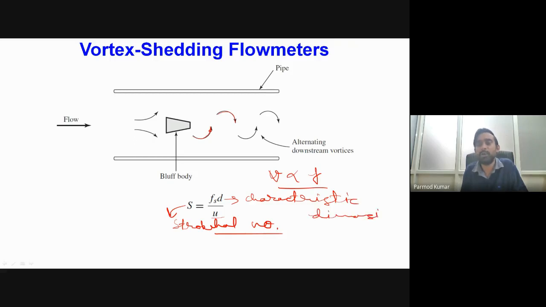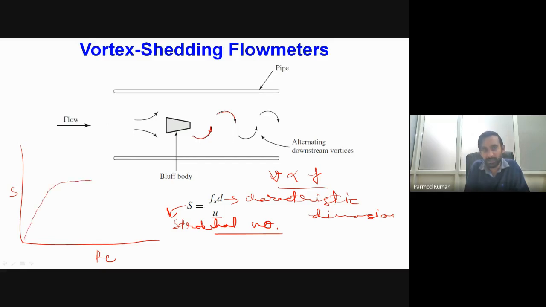Okay, so this is the characteristic dimension. Now if you plot the variation of Strouhal number as a function of the flow Reynolds number, you will be finding that initially this Strouhal number will be increasing with increase of the flow Reynolds number, and particularly over the range of Reynolds number from 10 to power 4 to 10 to power 6, the value of Strouhal number will be constant and it will be in the range of around 0.88, and after that there will be a slight fall in the value of the Strouhal number, and once again it will keep on increasing with increase of the flow Reynolds number.